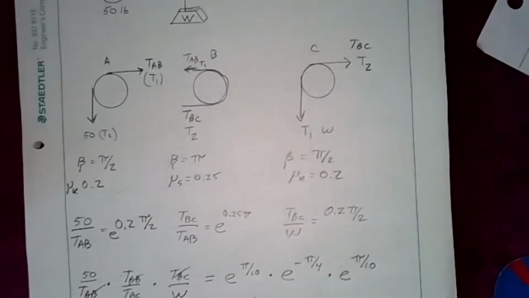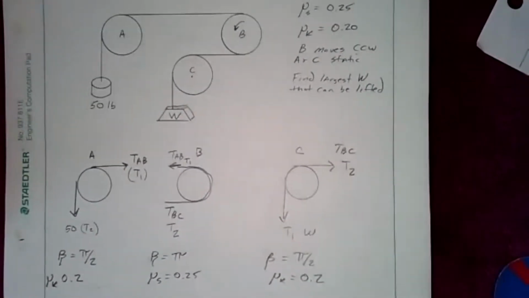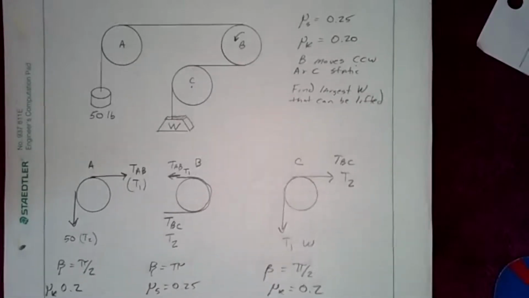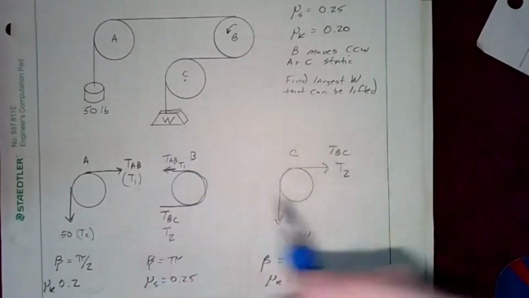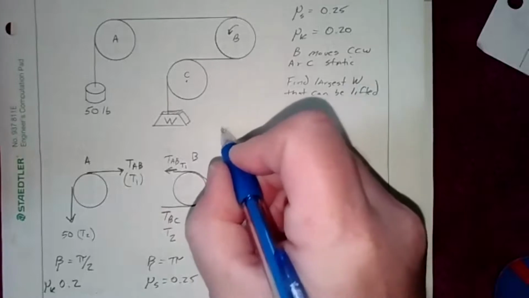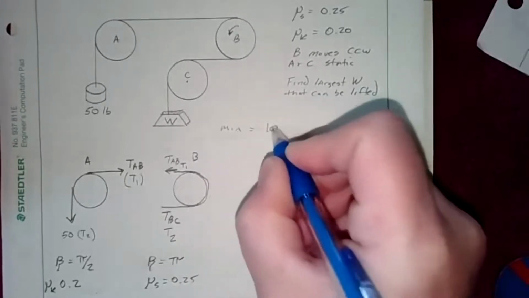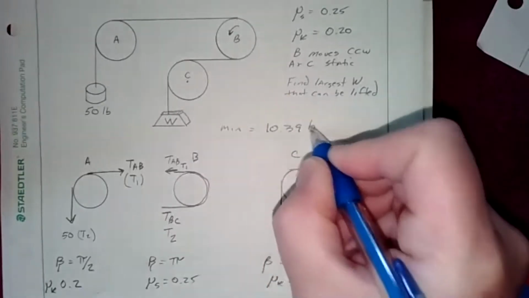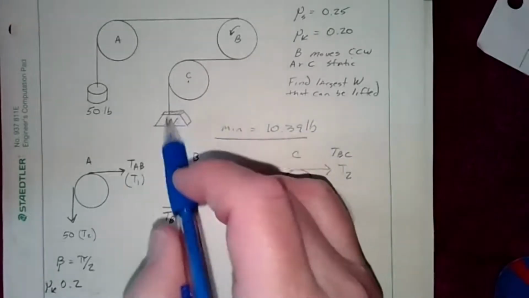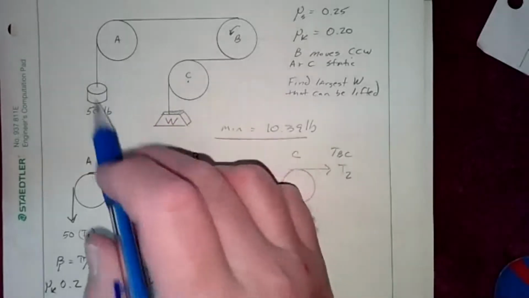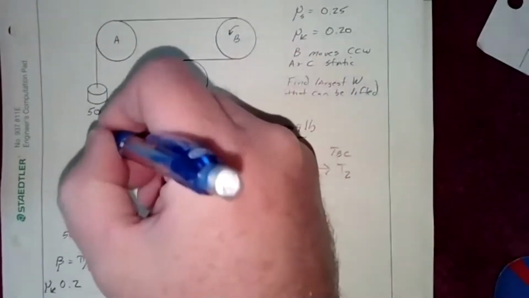Now, the other first part, I'll let you do this. I think I've shown you this, so I think you could do it on your own. If you want to try, the minimum weight that you would need to maintain equilibrium for part A equals 10.39. I'm not going to go through it here, but minimum is 10.39. So that's how much weight would be here so that this whole thing wouldn't go sliding that way.